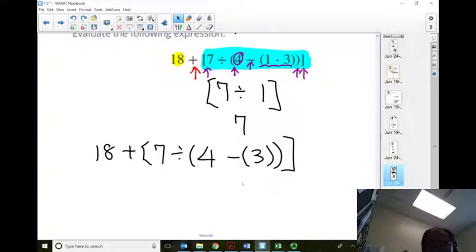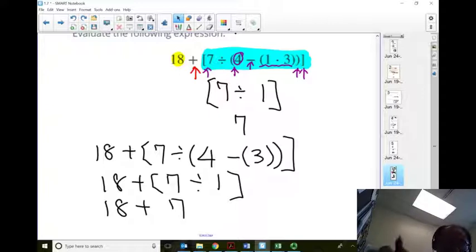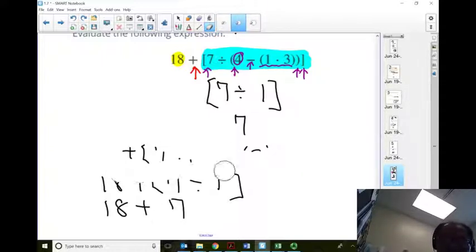Now, the next thing we do is the 4 minus 3. So that's 18 plus bracket, 7 divided by 4 minus 3 is 1 bracket. So now let's do a division inside the bracket. So that's 18 plus 7. So I'm keep on writing down all the things I need. All right. So the more I write, the easier I get confused and making mistakes. Okay. That's the reason why I didn't write as much as compared to other teachers.